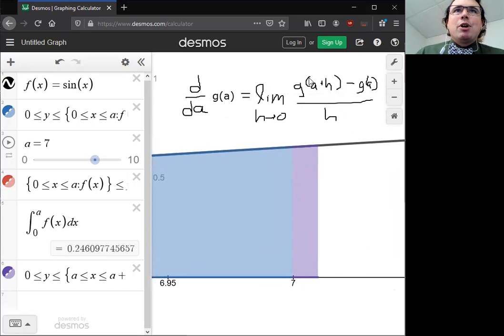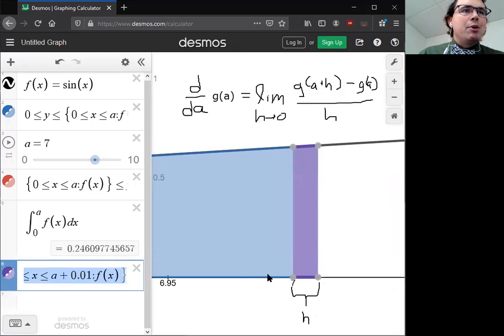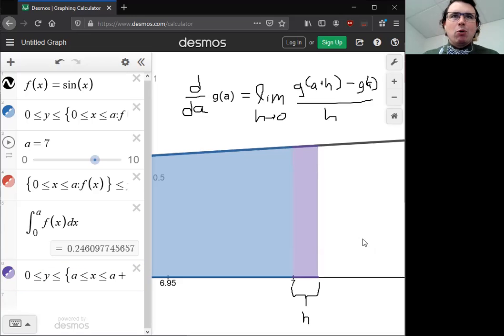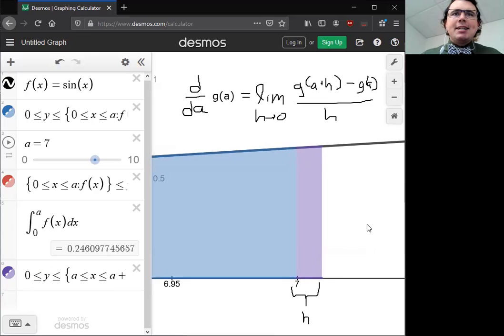So what I've got here in purple, my h here, what number is that? It is 1/100th, or 0.01. So how much more am I adding on here? Well, as I take smaller values of h, this rectangle here, or almost a rectangle, I can see that's not quite a horizontal line for the top of that.